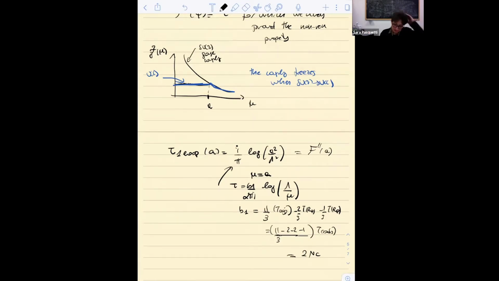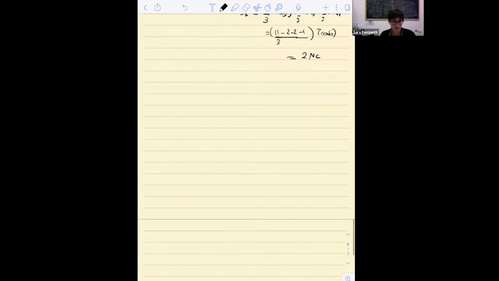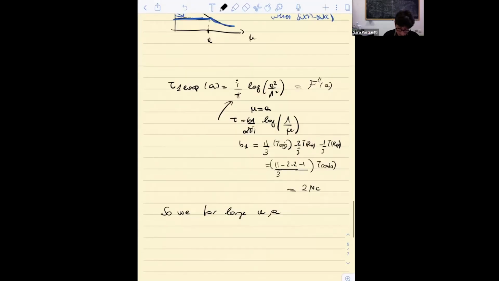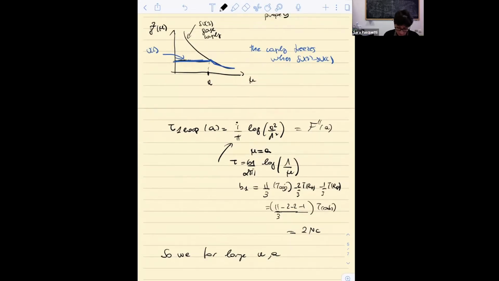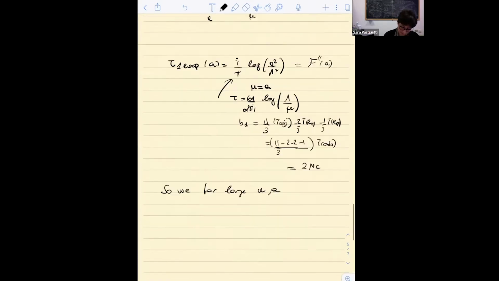Okay, so what we have learned is that at the moment, it seems that everything is pretty simple. For large u, so when I'm away from this presumably problematic region where I don't have the VEV, so when u is large and A is large, and by the way, large A means that the coupling anyway is weak because it's an asymptotically free theory, so I can trust perturbation theory.